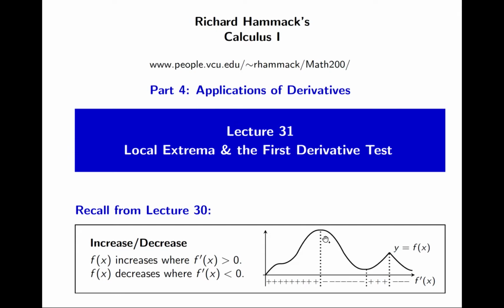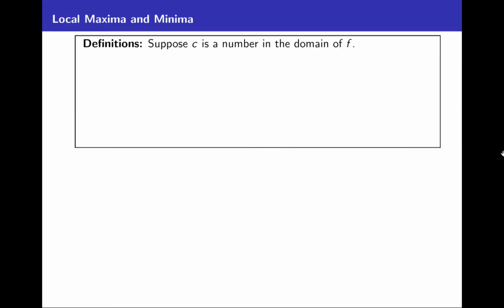Those special points on the graph, here, here, and here, the tops of the hills or the bottoms of the valleys, are called local extrema. Let's start there. We're going to make a big definition here.